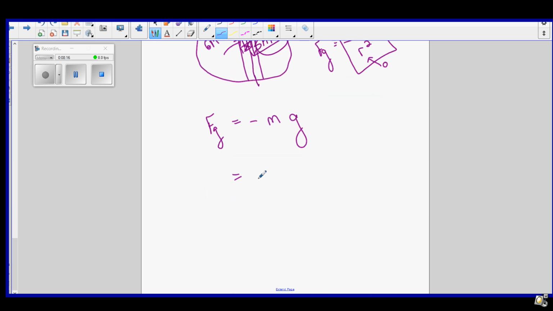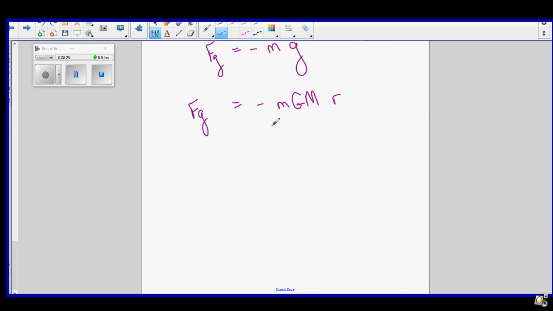So we'll go ahead and take minus m times GMr. And I'm seeing a gravitational force that is both restoring and proportional to the displacement to the first power. So that's interesting because that is our condition of Hooke's law. And when we have a net force that follows Hooke's law, we know this object is in simple harmonic motion.